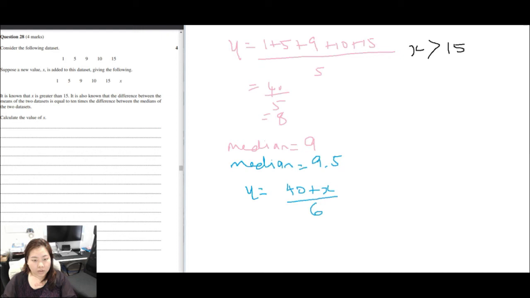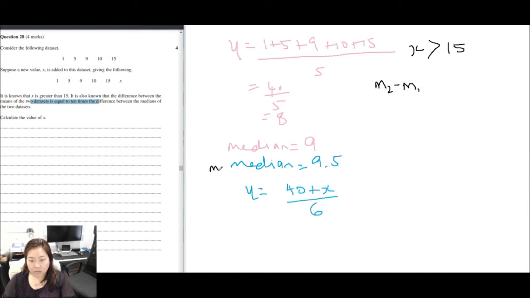It is also known that the difference between the means of the two data set is equal to 10 times the difference between the medians. We know the difference of the medians is 0.5. What was it? Median 2 minus median 1.